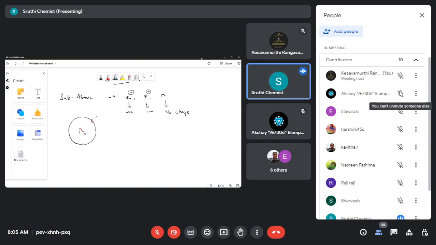Okay, fine. Now let's come to the shell. The electron shells are K shell, L shell, M shell, N shell. What is the order? Is the K shell the first shell, second shell, or third shell? K shell contains 2 electrons. Very good. What about the L shell?